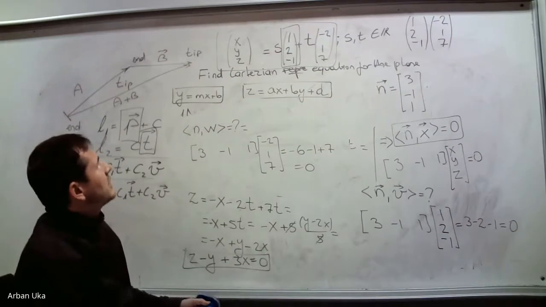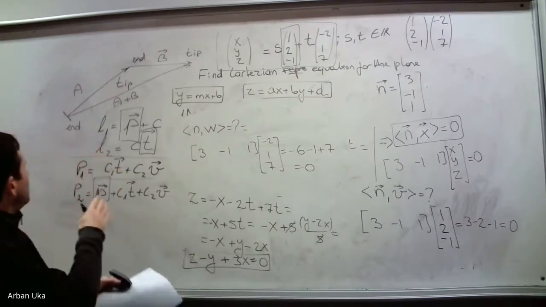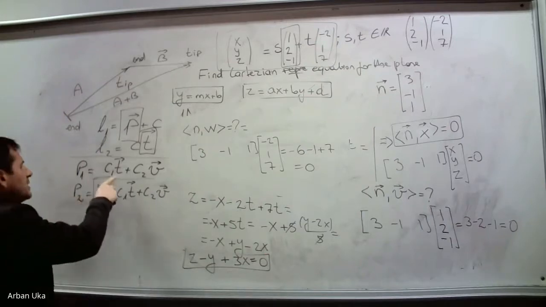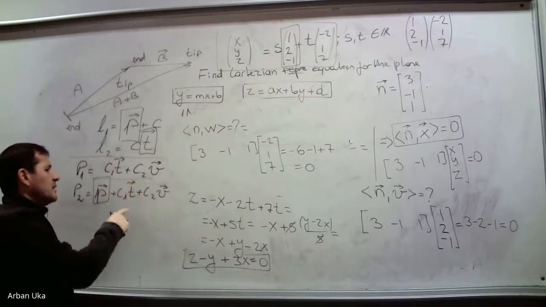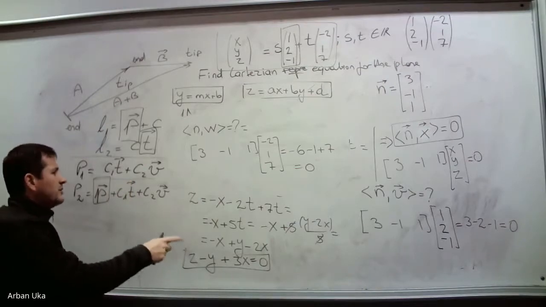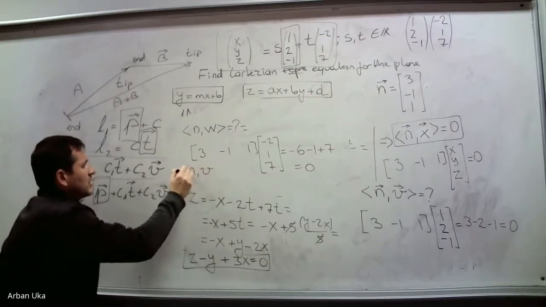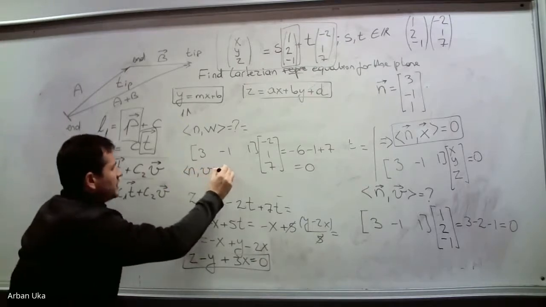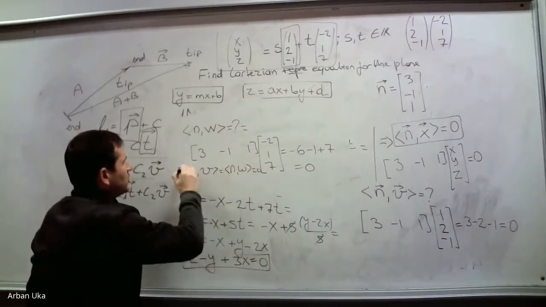So if we come back to this definition here, if V and W are the vectors that lie on the plane, then whenever we find the normal vector n, n inner product with V should be equal to n inner product with W, which should be equal to 0, okay?